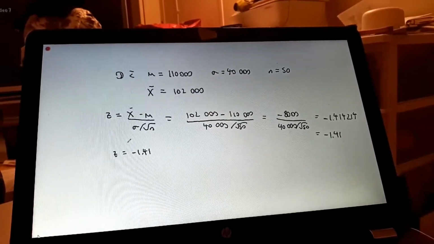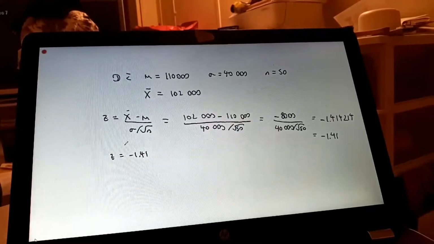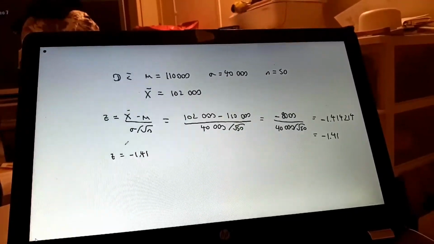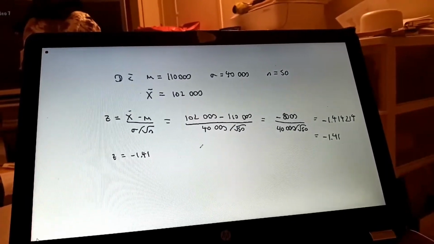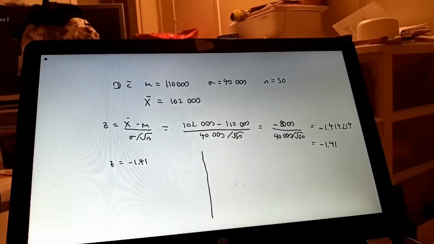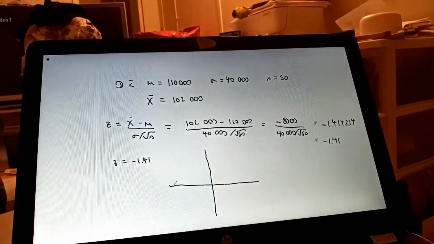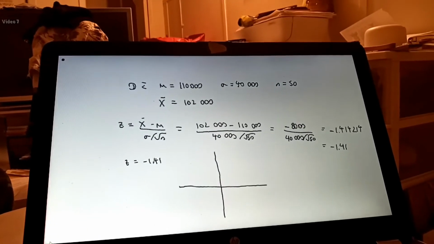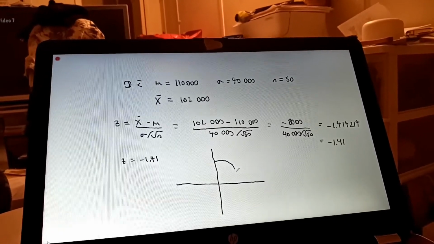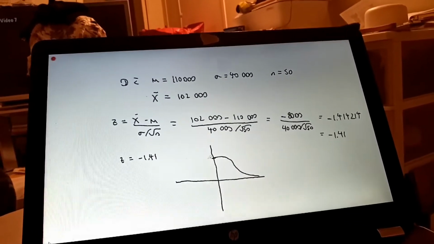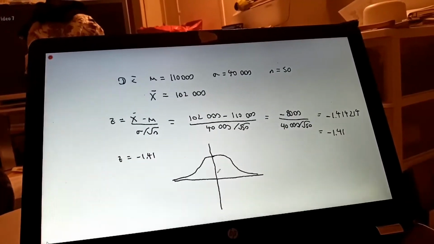Let's read the original question. What is the likelihood of selecting a sample average above that? So it wants all the area to the right of that. So let's draw that. It's a little different from the previous scenario because it's a negative z-score, so it's on the left of the curve. That's why it's really important to always draw the scenario, because there are always little differences.